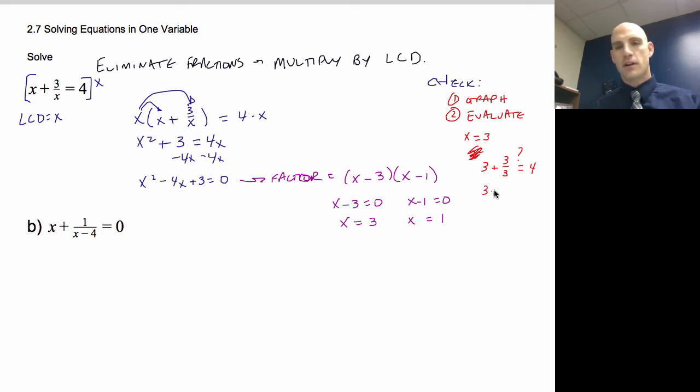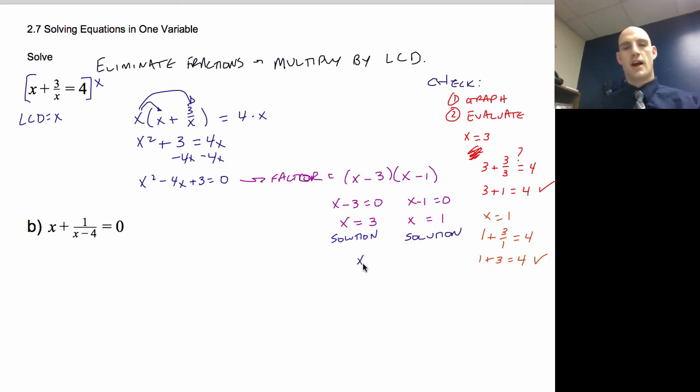Well, 3 plus 1 is in fact equal to 4, and so 3 is a solution. Let's try the next one. x equals 1. So I'd have 1 plus 3 over 1, which is equal to 4. So 1 plus 3 equals 4. So yes, that works, and this is also a solution. So my solutions would be x equals 3 and also x equals 1.